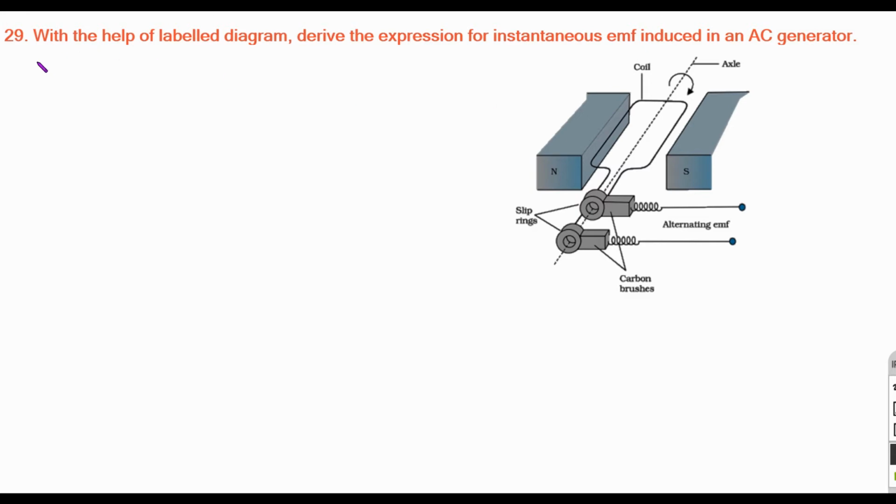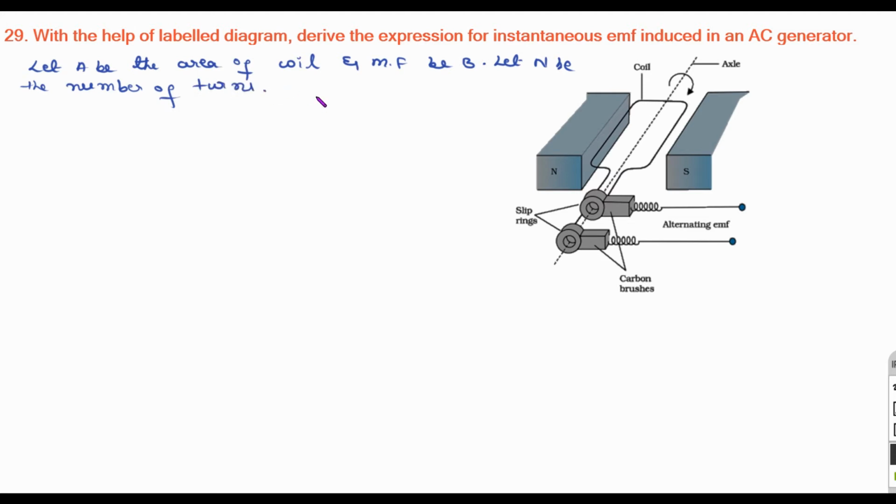Okay, so here let A be the area of the coil and magnetic field B. So we have taken the magnetic field as B. Let n be the number of turns of the coil.